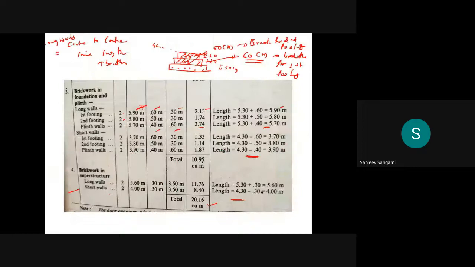and the height is 60. So now for the first footing, this is your first footing. This is your second footing, and this is the plinth wall.